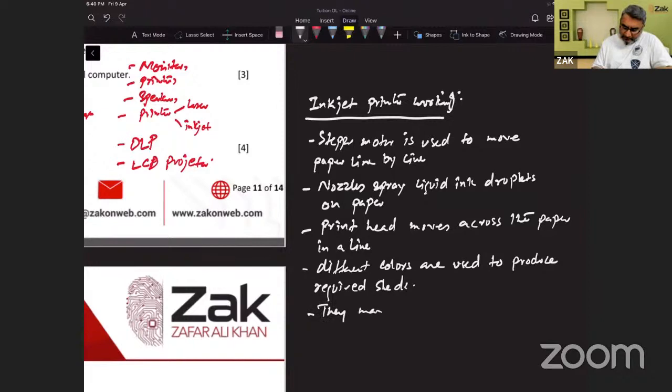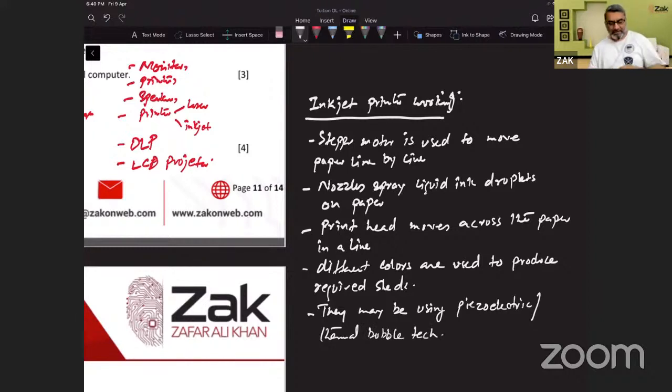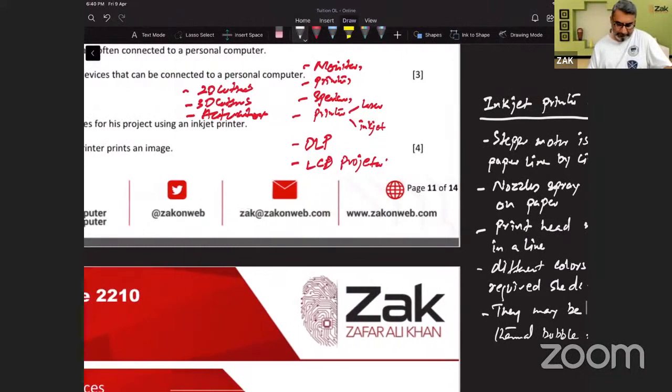They may be using piezoelectric or thermal bubble technology. ठीक है, ये आपको लिखना.